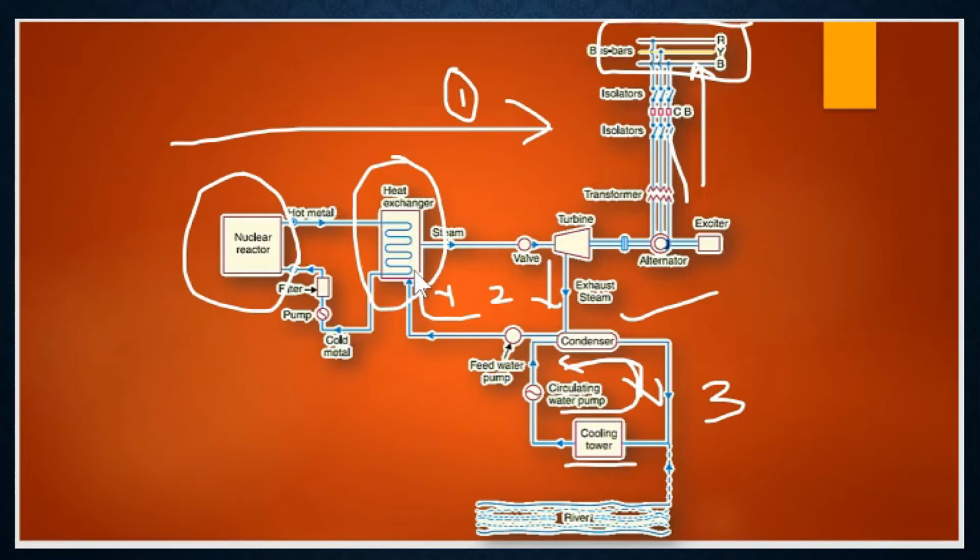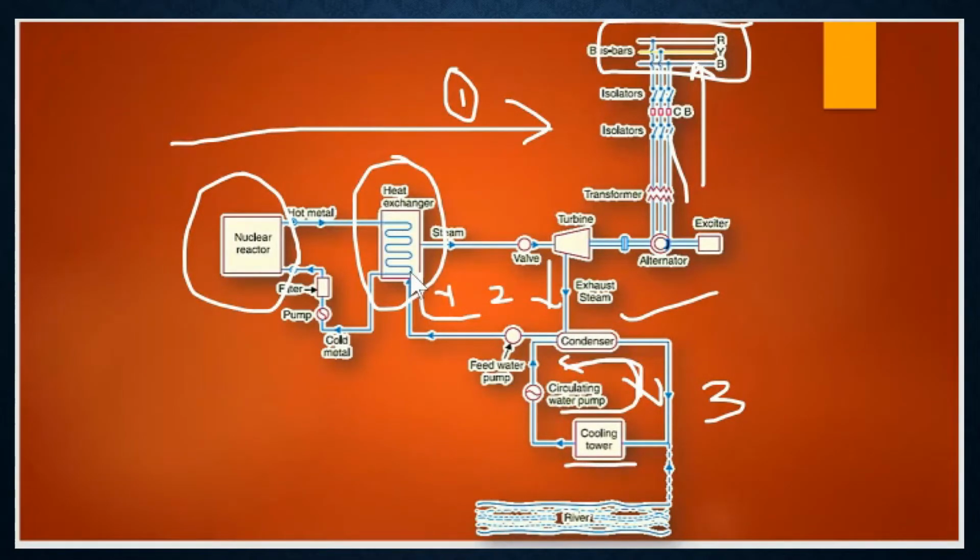The heat exchanger will take the hot water, and from the hot metal the heat will come again. Already it is hot water, so steam will be generated instantly, and that steam is again fed to the turbine, and the remaining steam comes again to the condenser, where it will convert into hot water, and that water will be fed to the heat exchanger.